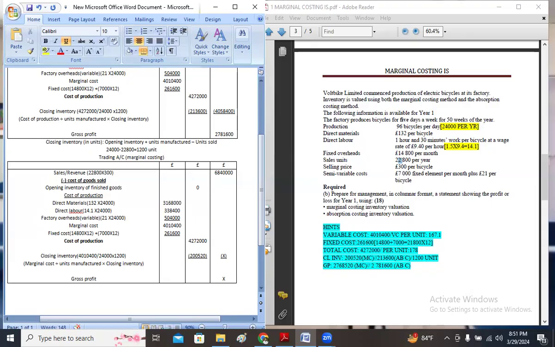So the total cost of sales is 4,071,480, that is cost of production minus closing inventory. We don't have any opening inventory. This cost of sales should now be deducted from total sales to give me the gross profit under marginal costing. So I hope it's clear.